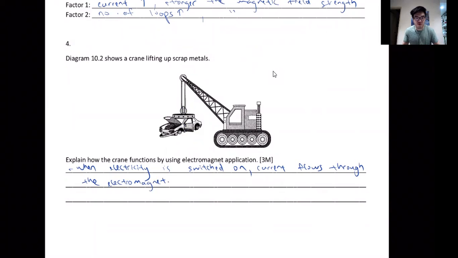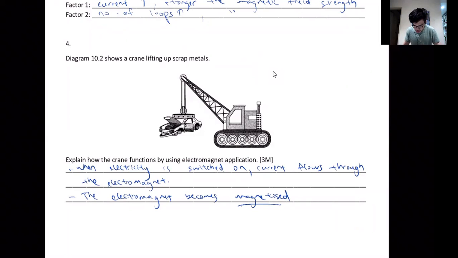Okay, current flows through. So when current flows through the electromagnet, it becomes magnetized. Okay, do you know what is magnetized? Magnetized means become magnet, 变得有磁性，变成磁铁。So that's magnetized.